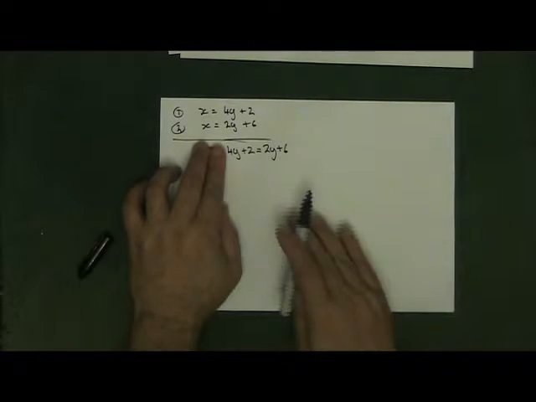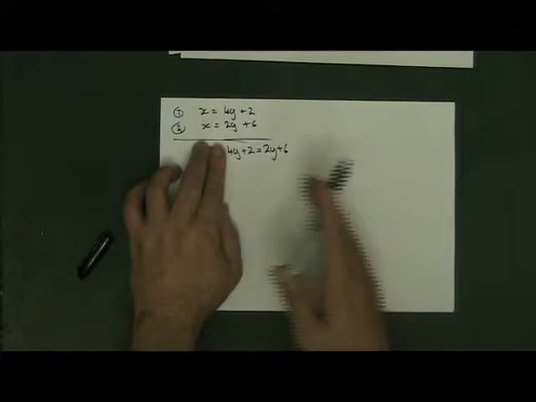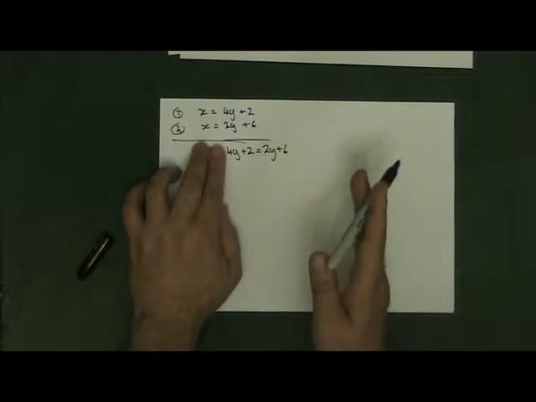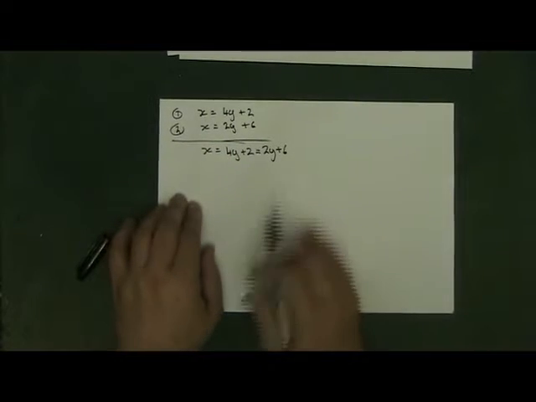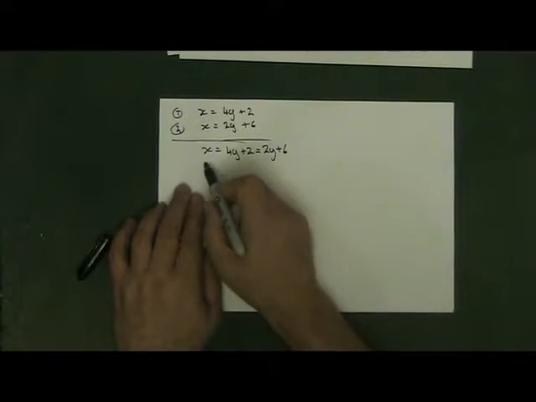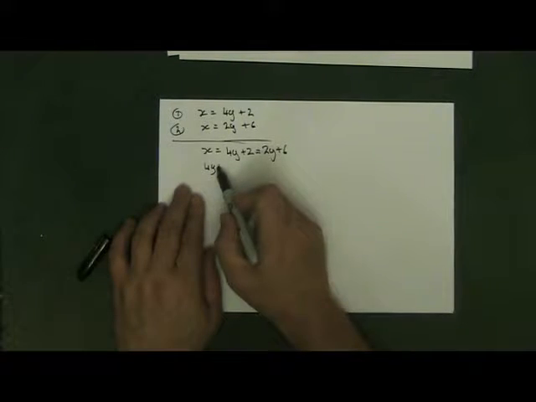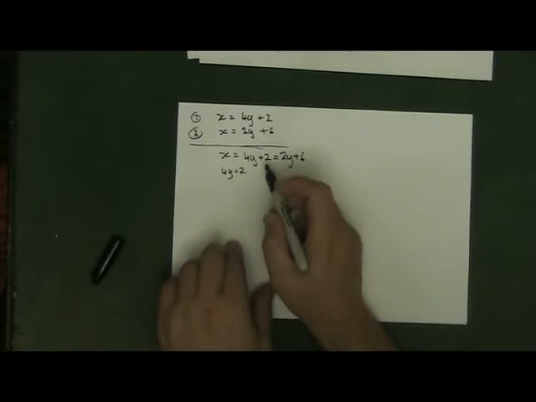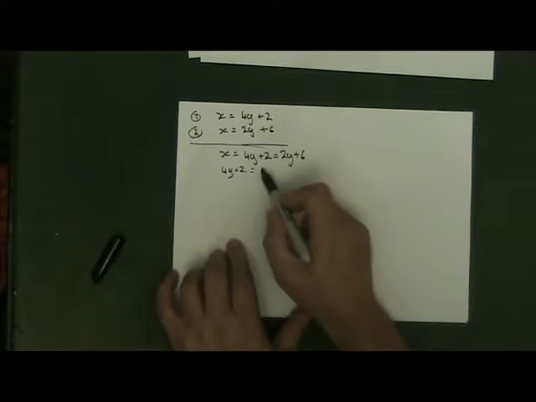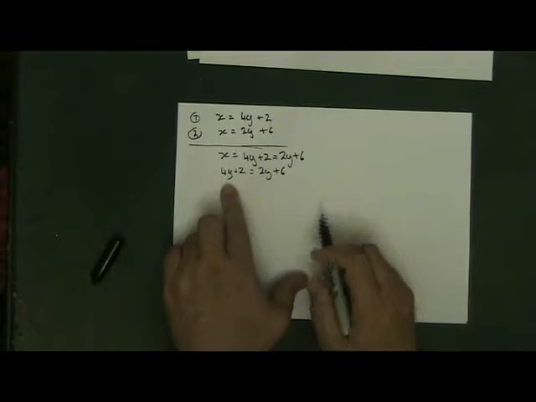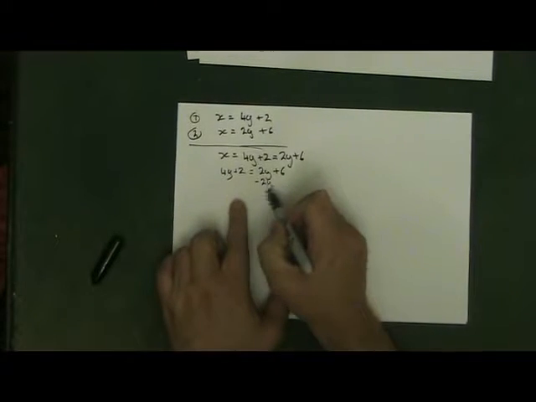So we can solve that. What I'm going to do is get everything that's y on one side of the equation, and everything that's a number on the other. So I go 4y plus 2 equals 2y plus 6. I want all y's on that side, so I'm going to go minus 2y from both sides.